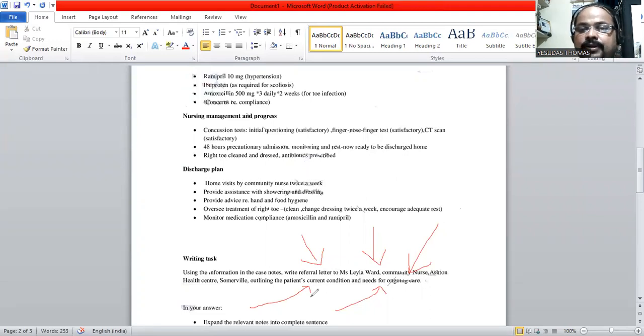So first of all, we need to state the current condition of Mrs. Prince, not Price, and we need to say something about the requirements of the continuity of the care which she has been receiving from our hospital.